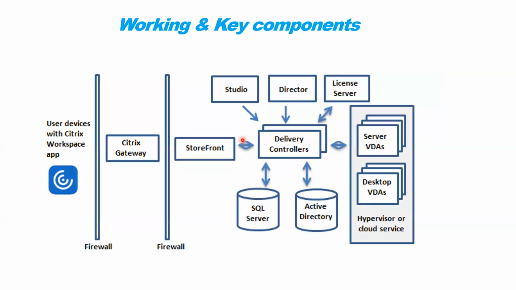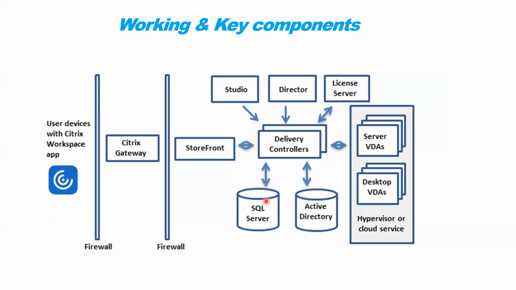Right. Now, once credentials are valid, once the delivery controller finds the credentials are valid, it will not directly forward that query to StoreFront. First, after credential validation, it will go to the SQL server and ask it to check in the database which virtual machine or application is published to that user.